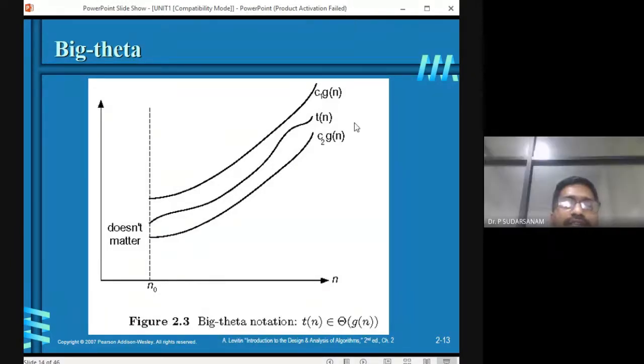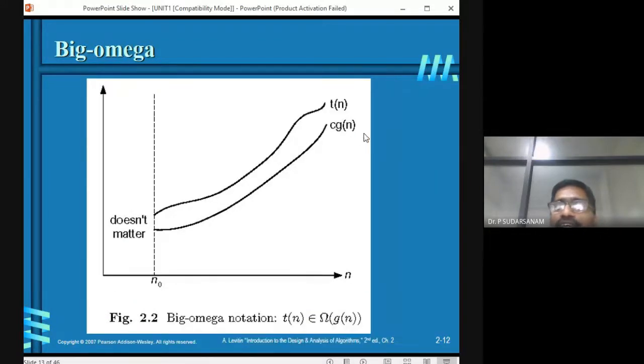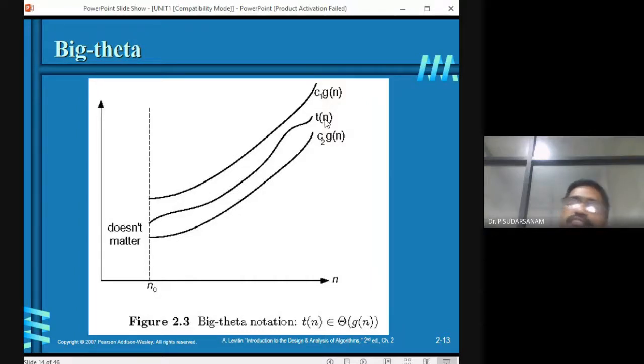Okay, so now we have to write the definitions. In the previous diagrams, the first diagram has T of n below, correct? The second definition has T of n above. Now the next definition is T of n in between.